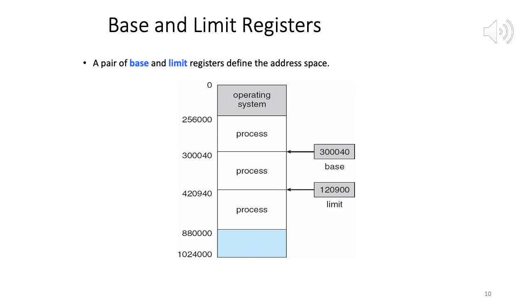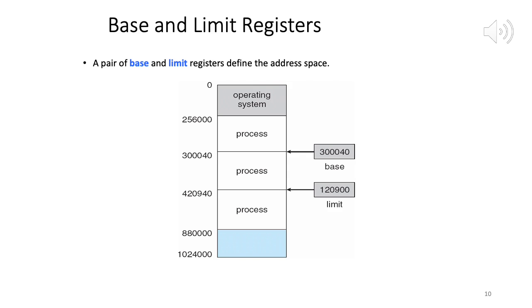So 256 kilobytes, and then we have a bunch of processes within main memory. For one particular process, as we discussed these numbers earlier, we are using the same numbers here. The base register value is 30040.